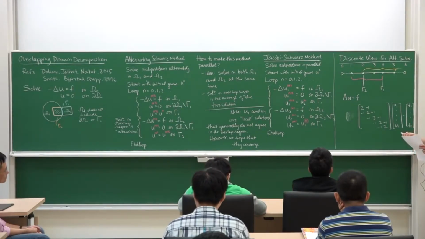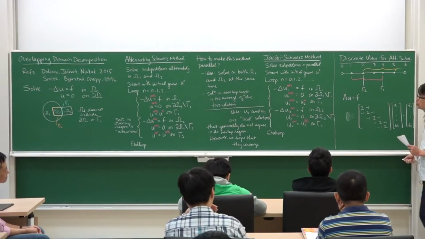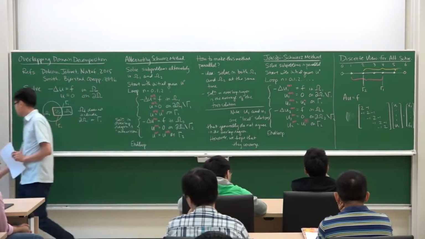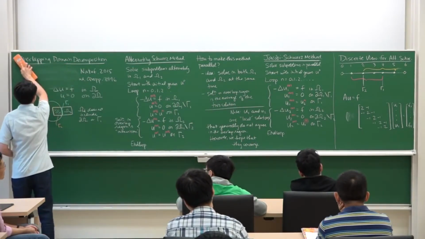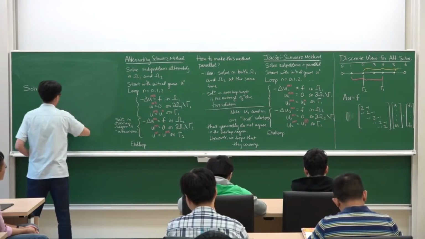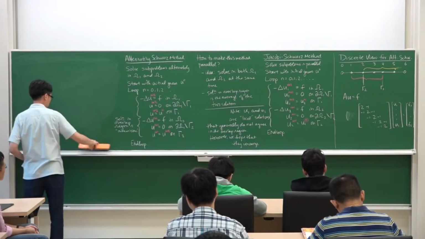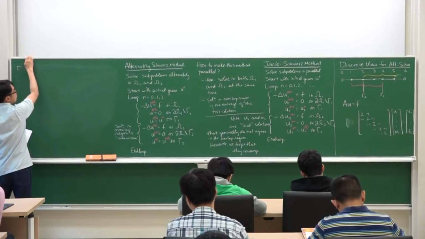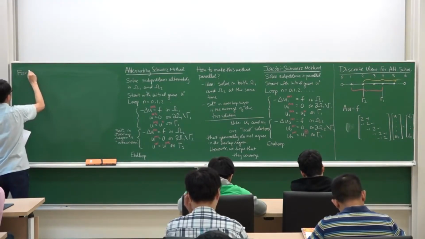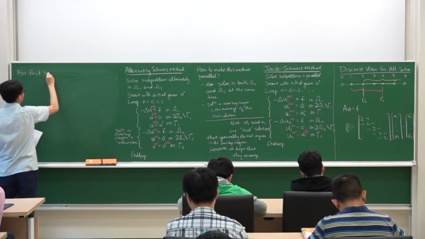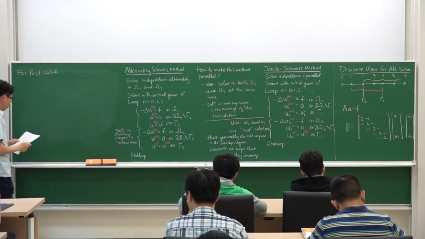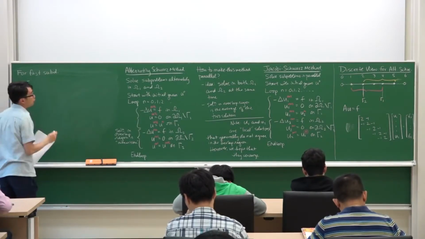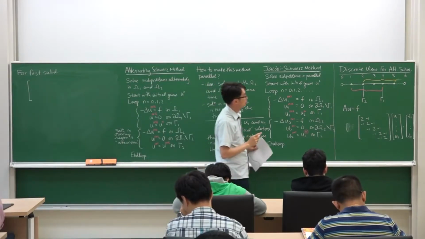Now I'm going to write down the two subproblems for alternating Schwarz. So for the first subdomain, the problem is there are 4 points, right? There are 4 points of interest.